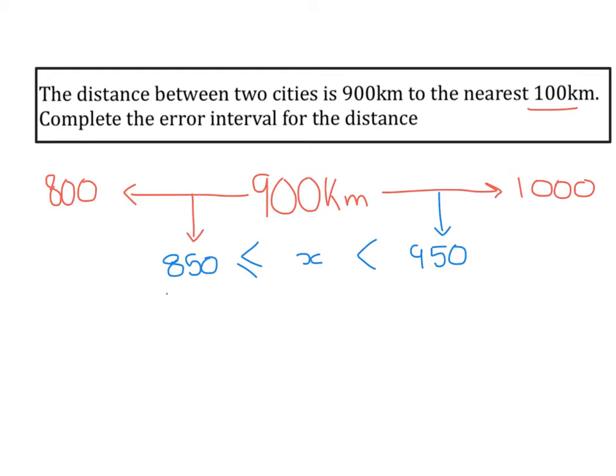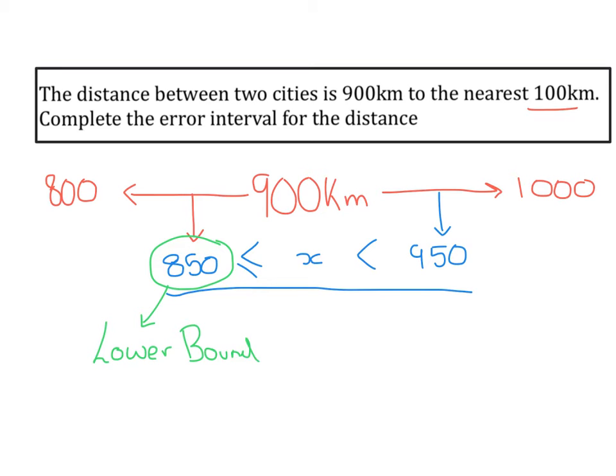So this bit in blue is my error interval. Now this bit here is what we call my lower bound, and this bit here is what we call the upper bound.